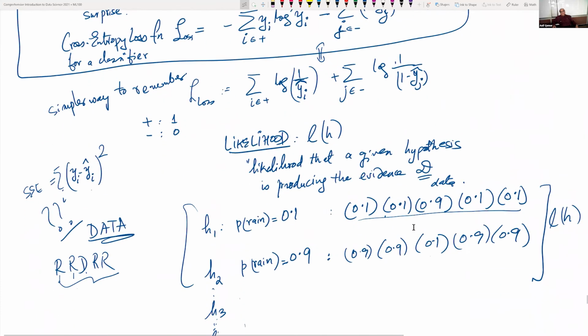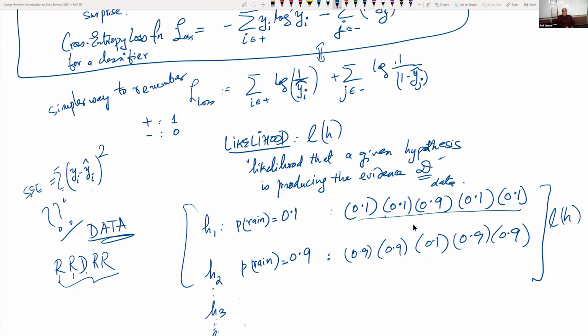Then we did a different approach. We looked at the likelihood. Remember, likelihood is not in the traditional sense of probability. It is the likelihood that a given hypothesis is producing the evidence, the data that you actually see, the training data that you actually see.